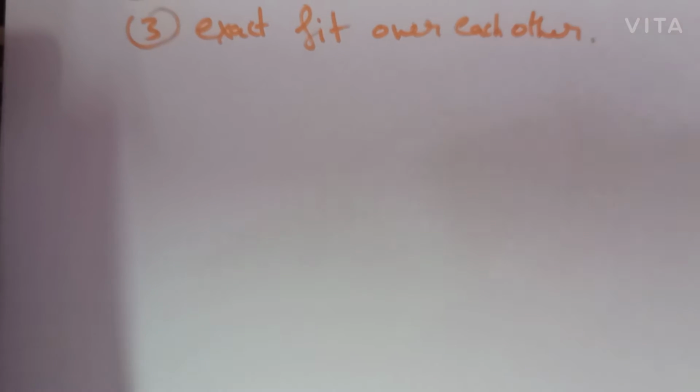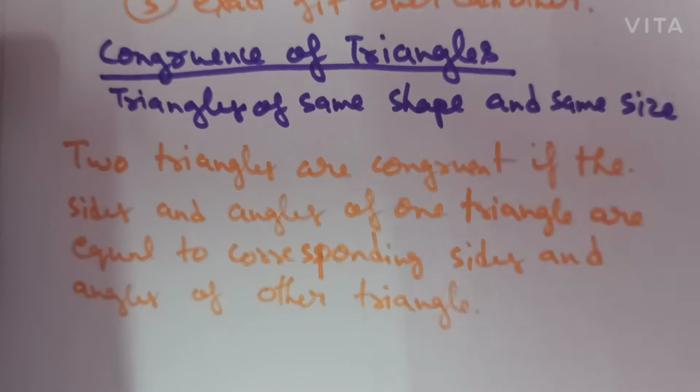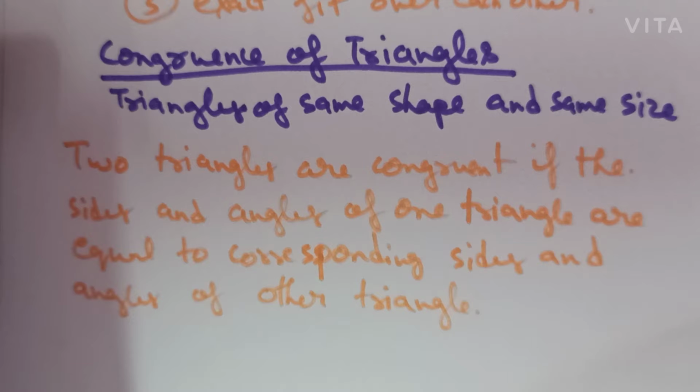Now we move to the congruence of triangles. Like the congruence of other figures, two congruent triangles have the same shape and the same size, so they have equal areas and fit exactly over each other.